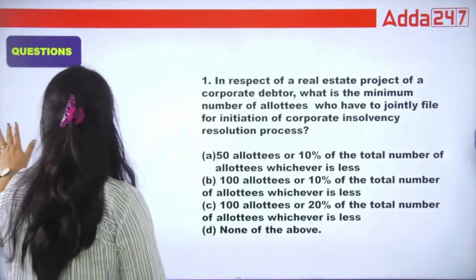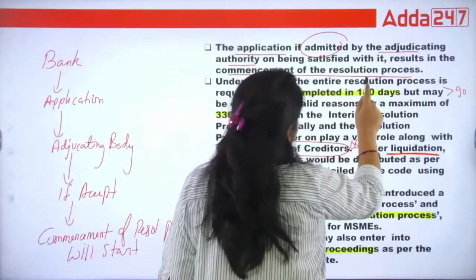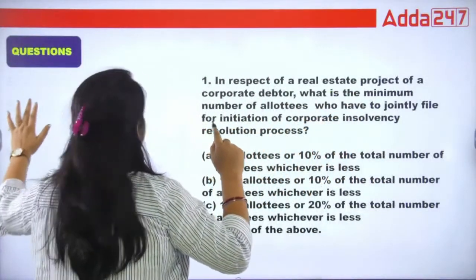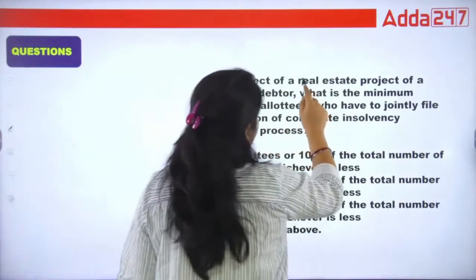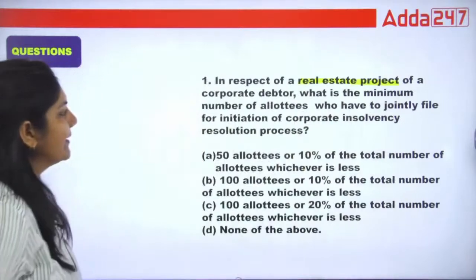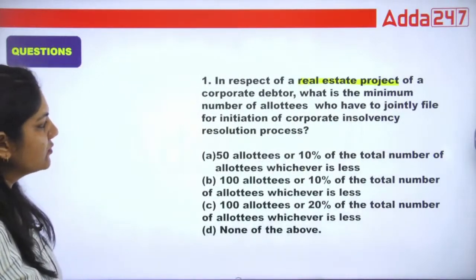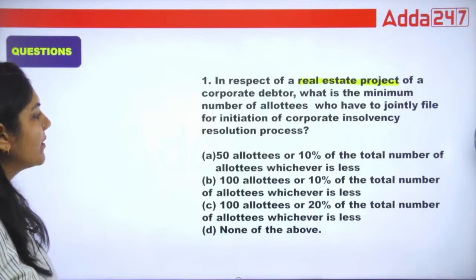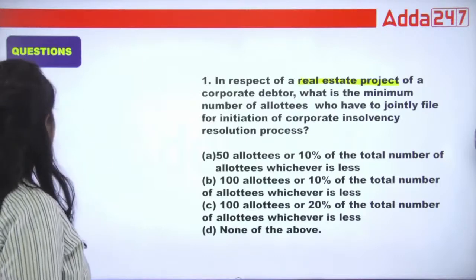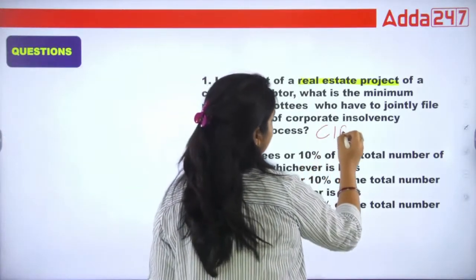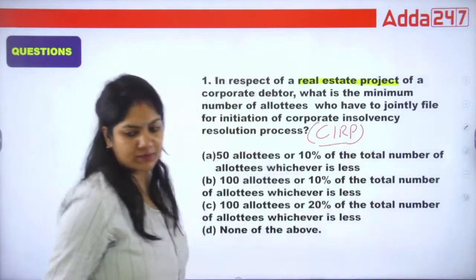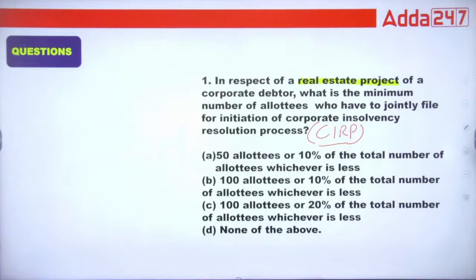In respect of a real estate project, this is important. For a real estate project of a corporate debtor, what is the minimum number of allottees who have jointly filed for initiation of the corporate insolvency process?